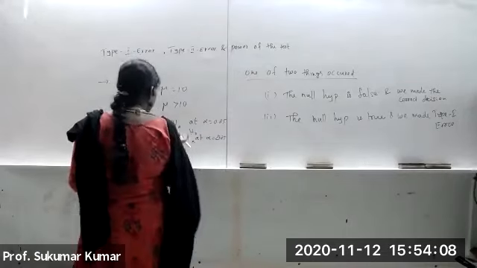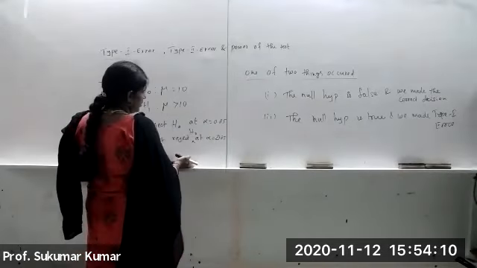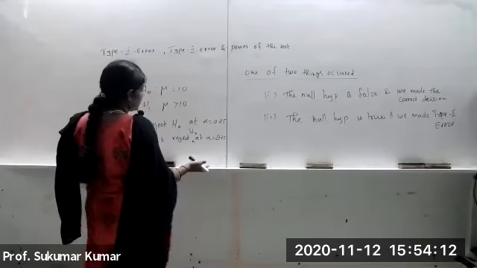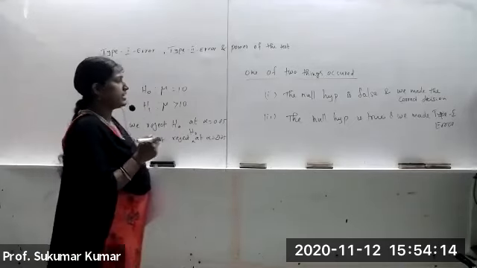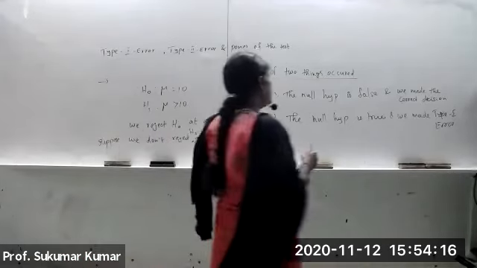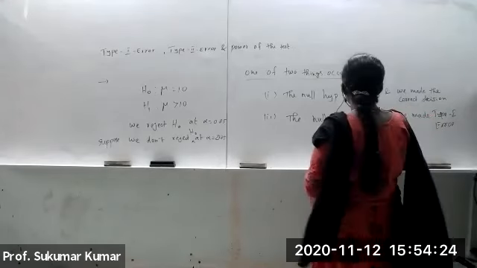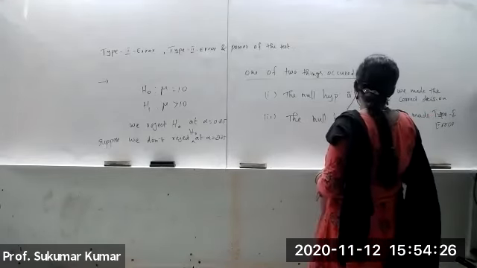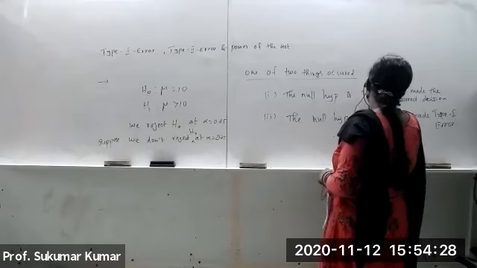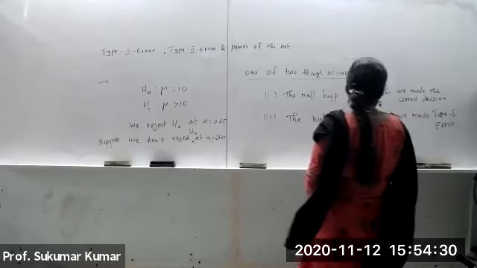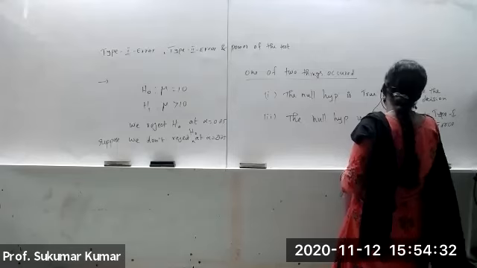Null hypothesis true, so we are not rejecting H naught. That is a correct decision. And if it is false and after that also we are not rejecting H naught, that is an error. That is a type 2 error. புரியுதில்லையா உனக்கு? Yes, ma'am. So null hypothesis true, it is a correct decision. And null hypothesis false, then we made a type 2 error.